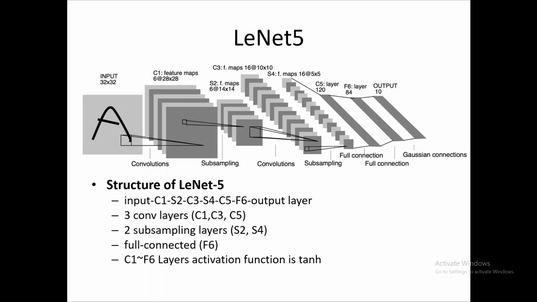It consists of 3 convolutions, C1, C3 and C5, 2 subsampling layers, S2 and S4, and the fully connected layer F6. This architecture uses the tanh activation function.